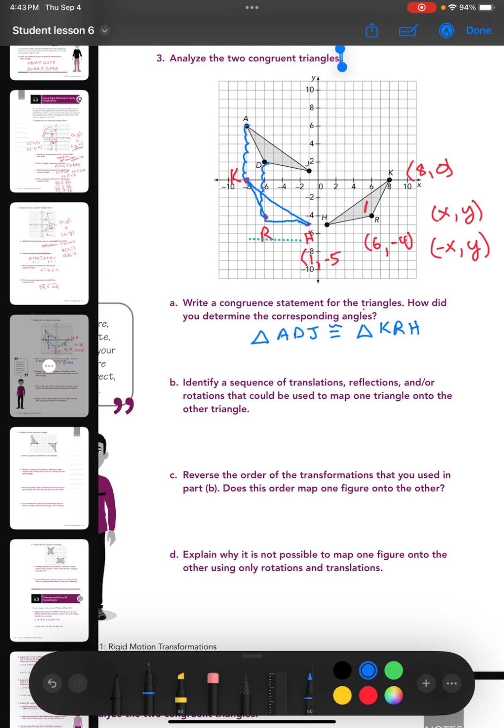The sequence of transformations, we said, was reflected across the y-axis and then translated up 6 units.